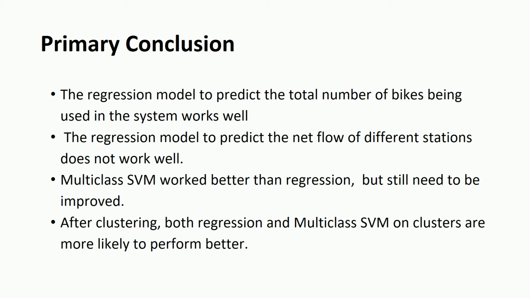Third, the multi-class support vector machine worked better than regression, but still needs to be improved. Finally, after clustering, both regression and multi-class support vector machine on clusters are more likely to perform better.